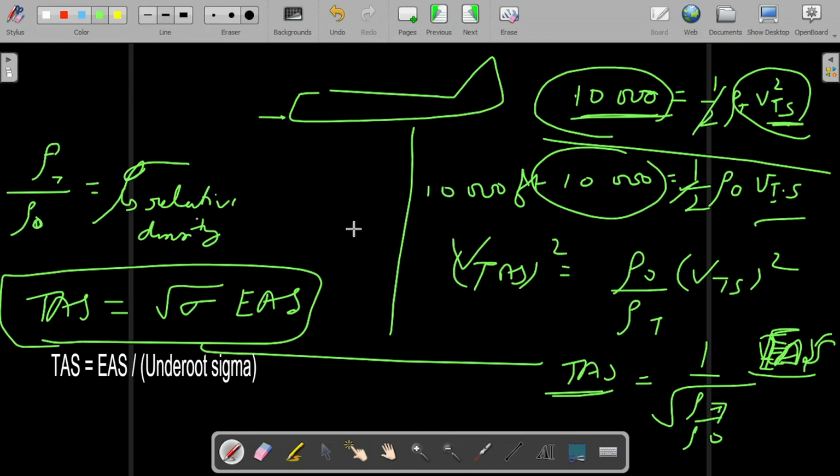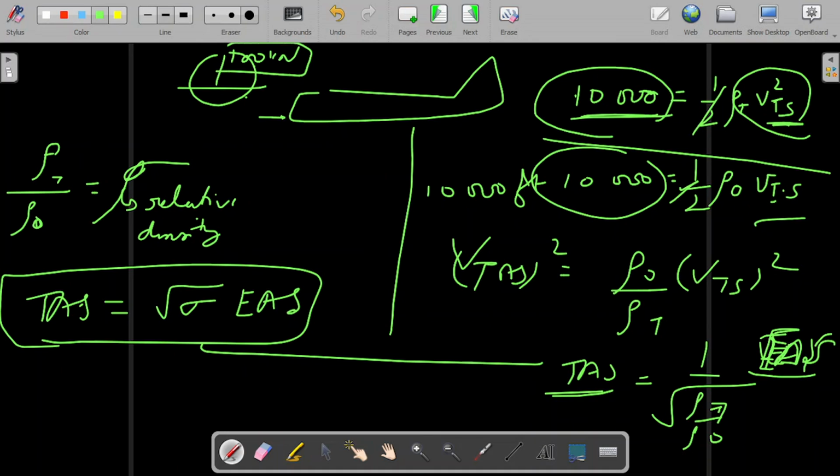Whenever the aircraft flies at 10,000 feet, whatever the ASI is showing, let's say 100 knots, the true airspeed is very much higher than this. True airspeed is generally shown by equipment such as GPS, Doppler velocity sensor and inertial navigation sensors. These are electronic sensors which show you the true airspeed.